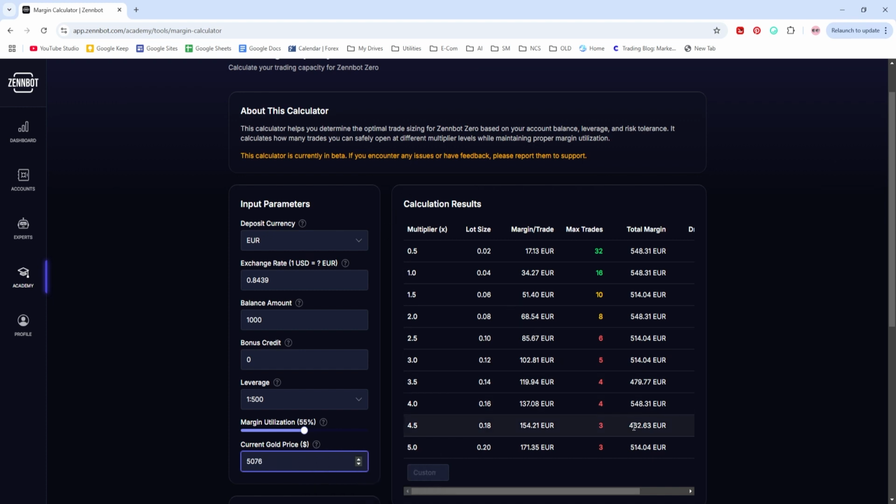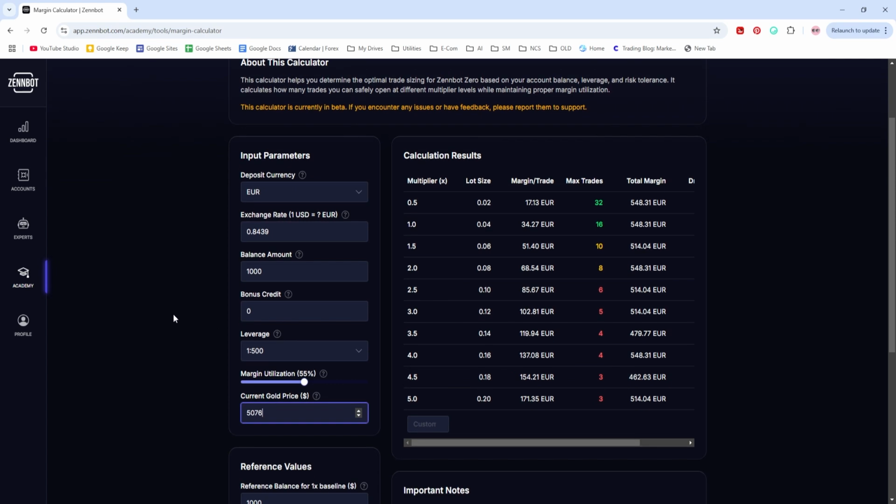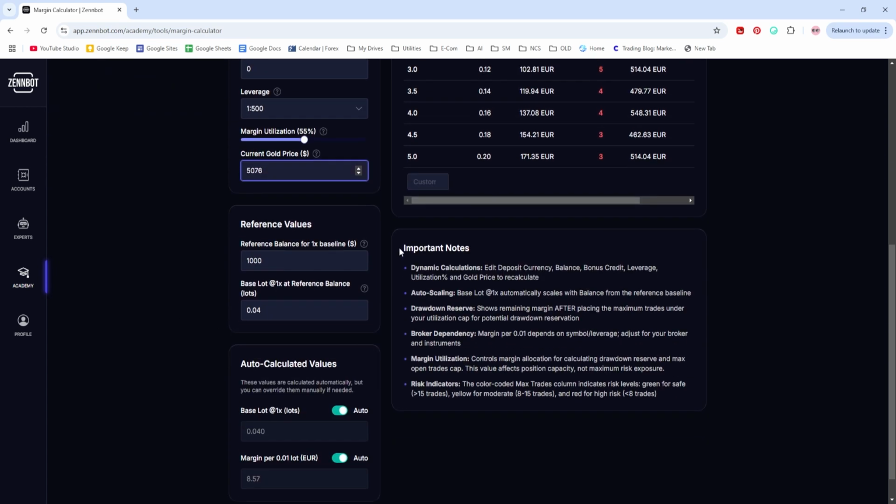Now before we go into this matrix, I'm gonna scroll down a bit. These are pretty important notes. You guys should pause the video and read it. I'm gonna pin this text in the pinned comments so you don't have to pause it right now. Let's look at the reference values.